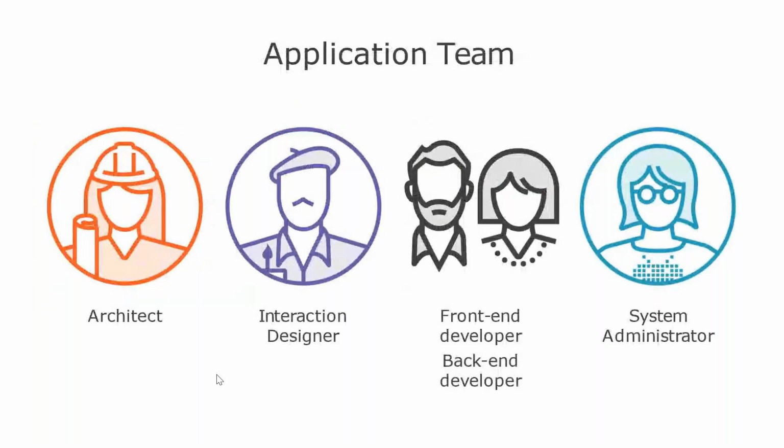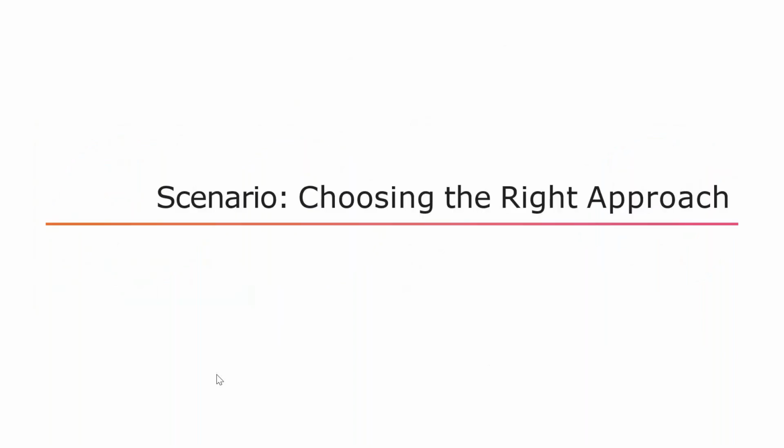These are the teams involved in the application centric approach for threat modeling: architect, interaction designer, front end, back end, and system administrator. Now the question is, in some scenarios, how to choose the right approach: application, attacker, or asset.